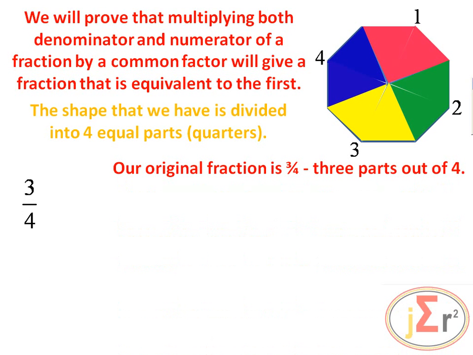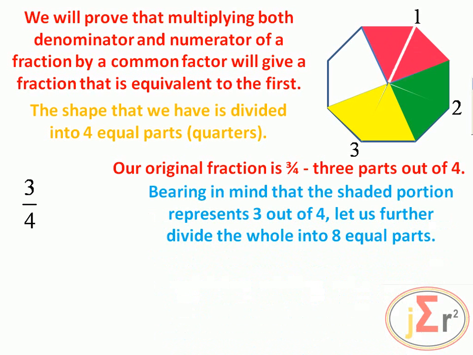Our original fraction is 3/4. 3 parts out of 4. That is our original fraction, 3/4. So we have right there 3 parts shaded out of a total of 4 equal parts.